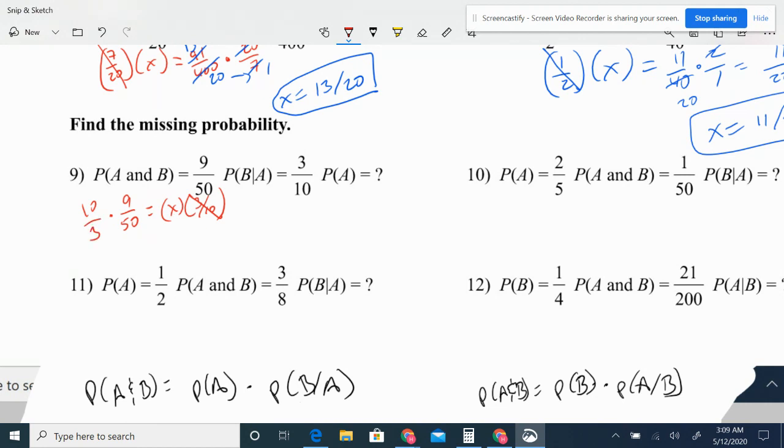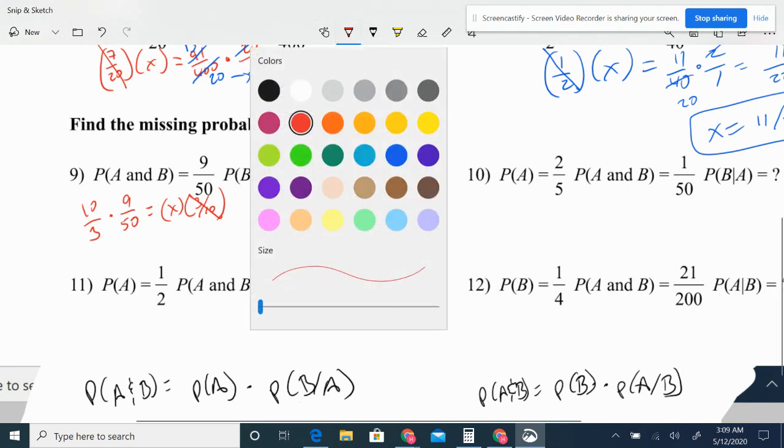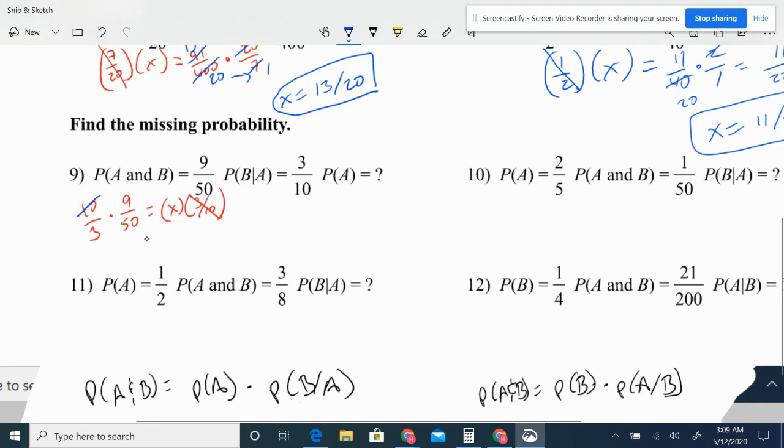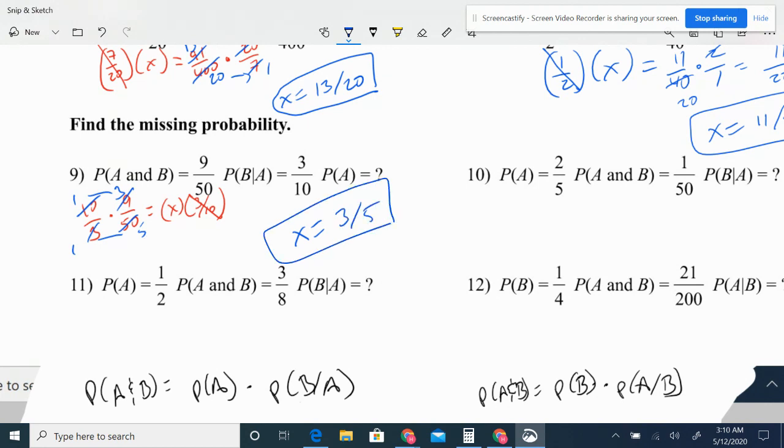Multiply by the reciprocal, simplify the fraction. Let's see, my 9 and my 3. When I multiply straight on top and straight at the bottom, I get that X is equal to 3/5. Right? How to multiply fractions, I think we should all know that right at this moment.